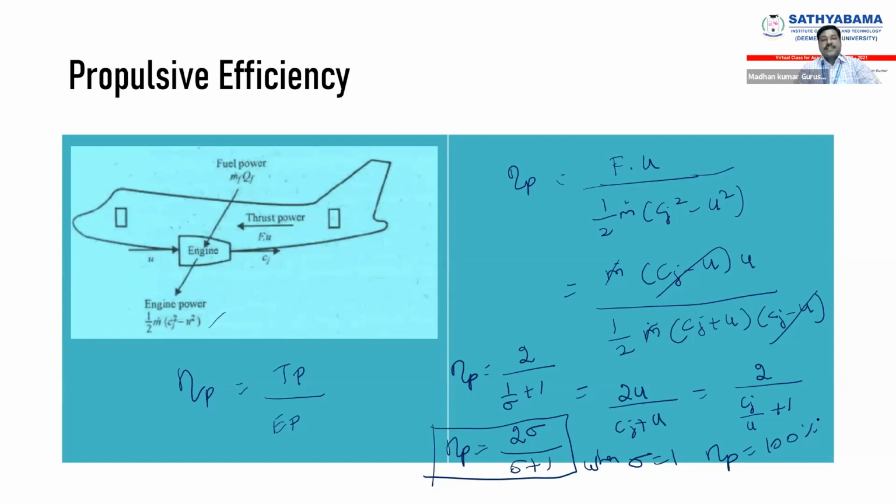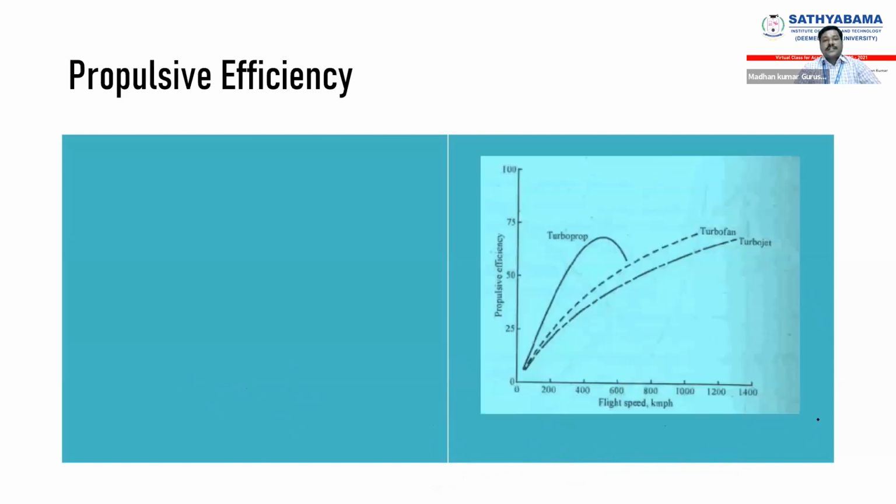So this is called propulsive efficiency, and these are the propulsive efficiencies for different engines. Here we have turboprop, turbofan, and turbojet. Turbofan has propulsive efficiency at high flight speeds in between turboprop and turbojet. The turboprop engine produces low flight speed with high propulsive efficiency.